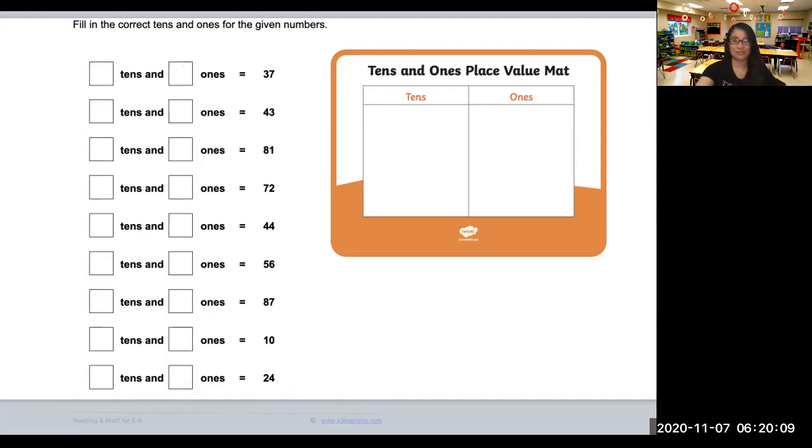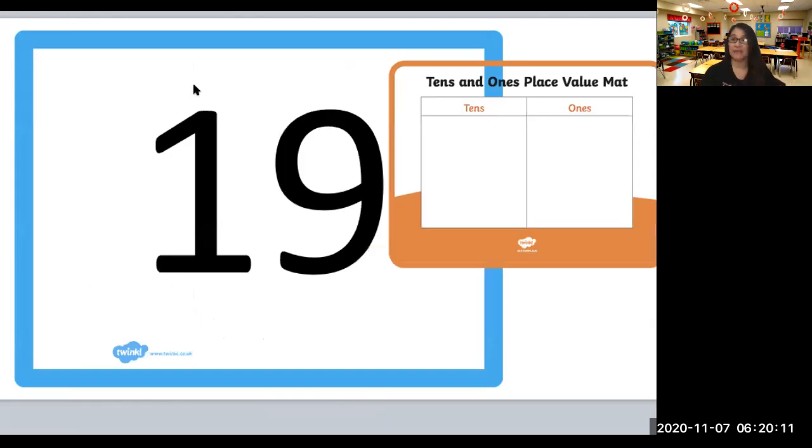Now let's go to the next now. I have the number 19. Now let's put it in the place value mat this time.